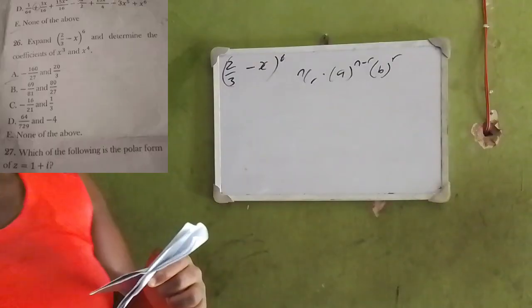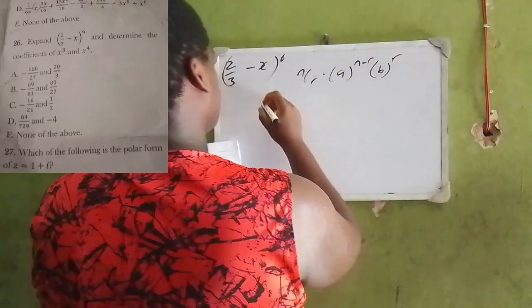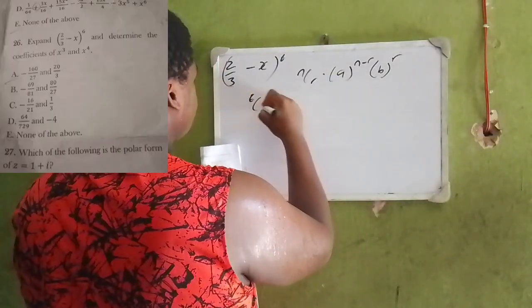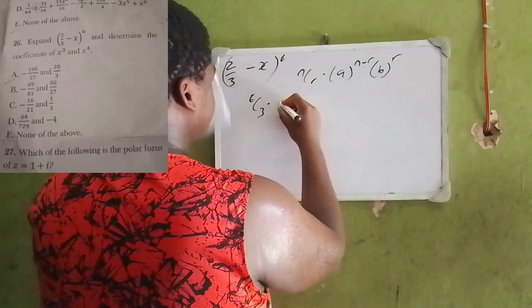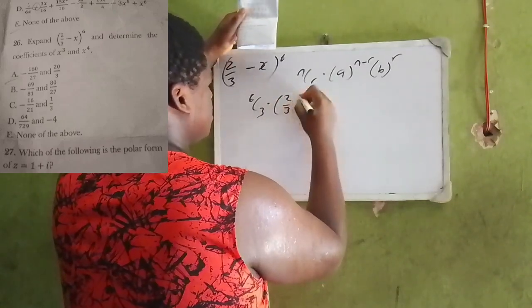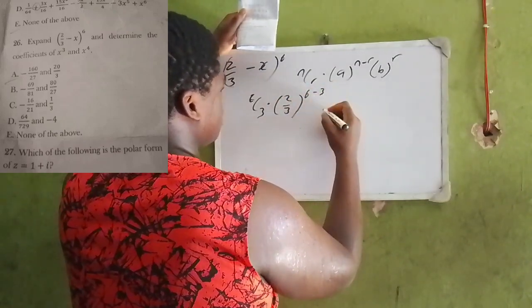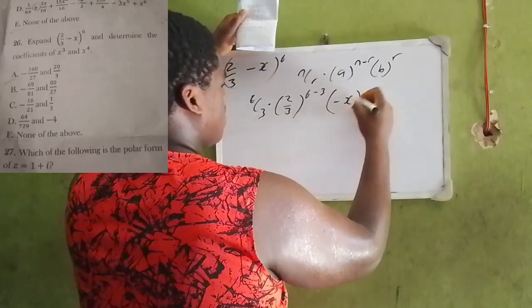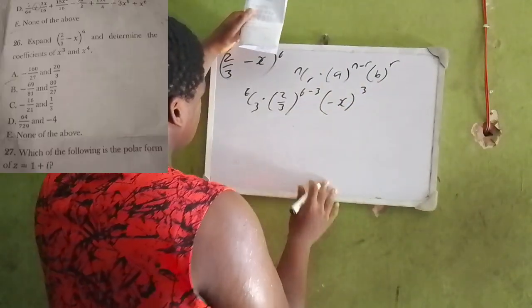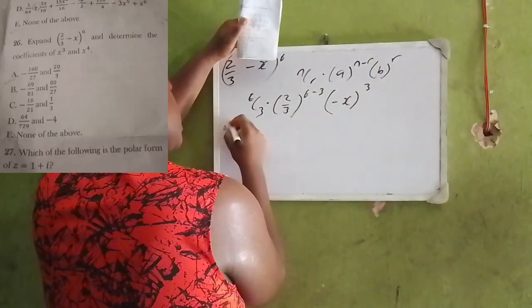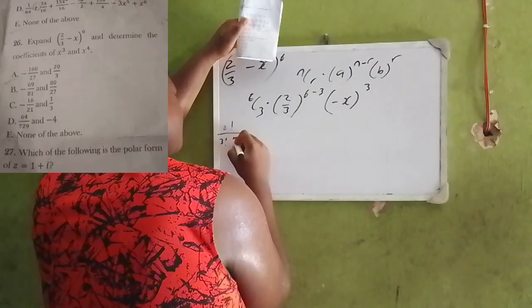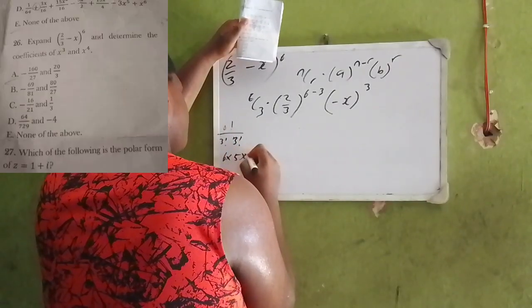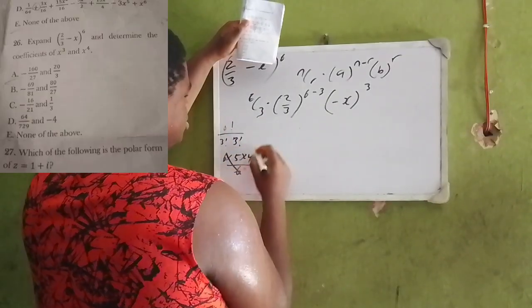So for the first case, when r is equal to 3, we have 6 combination 3 times 2 over 3 to the power of 6 minus 3 times minus x to the power of 3. 6 combination 3 equals 6 factorial divided by 3 factorial, 3 factorial, which is 6 times 5 times 4 divided by 6, which is simply 20.